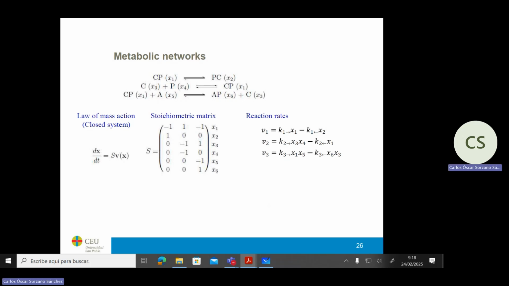Here x1 is converted into x2, so this is reaction 1, reaction 2, reaction 3. In the right direction, the velocity of how much x2 is formed depends on how much x1 you have. If you have very little x1, then you cannot form too much x2.